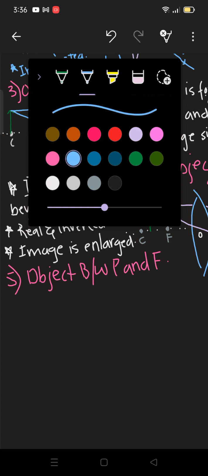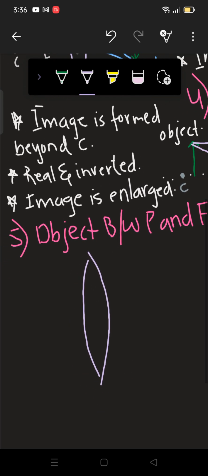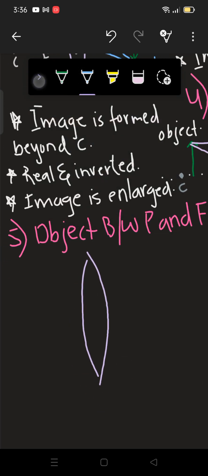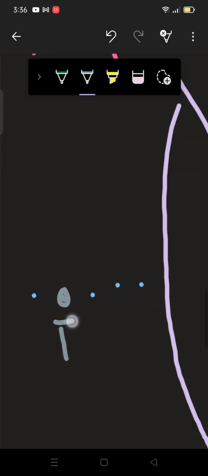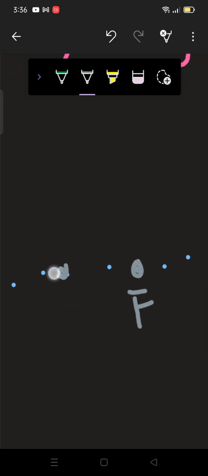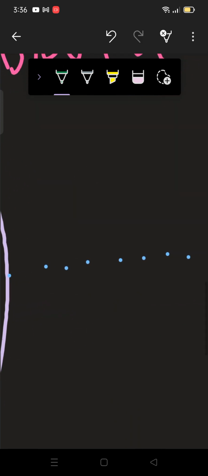So let me make here the lens first. Here I am making biconvex lens. Here we have principal axis. Alright. Here we have focal point. Center of curvature. Alright.